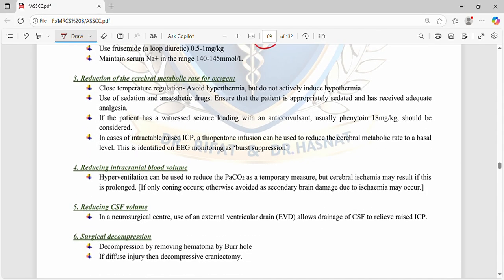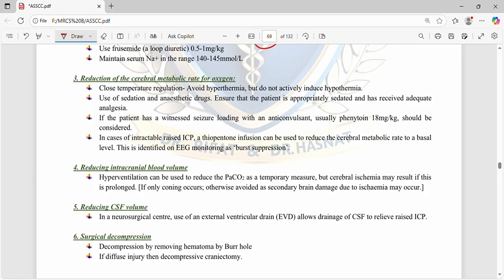Reducing intracranial blood volume: hyperventilation. When you give oxygen, hyperventilate the patient. If there is ischemia or decreased oxygen, the cerebral vessels will dilate, which can also lead to raised intracranial pressure.